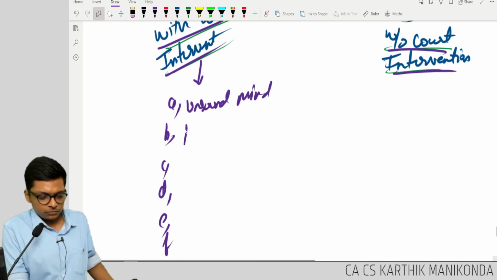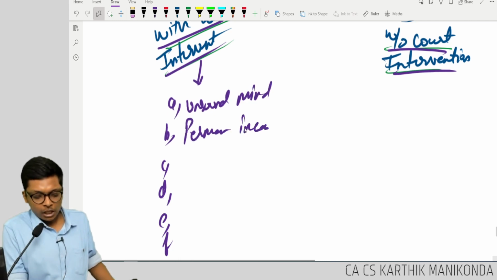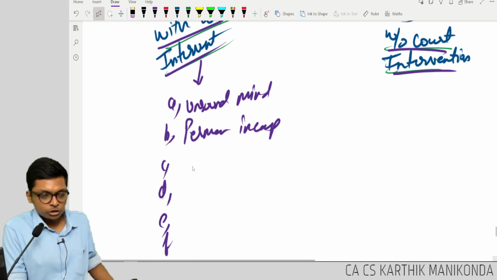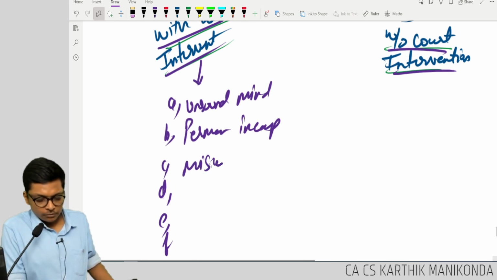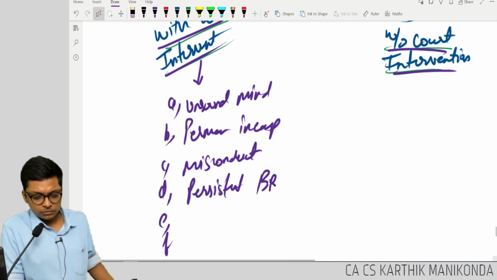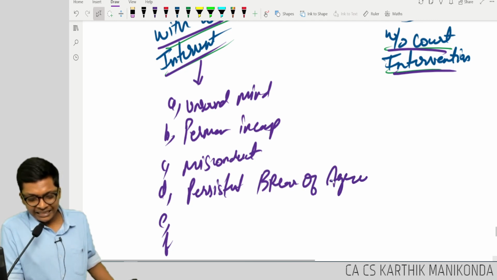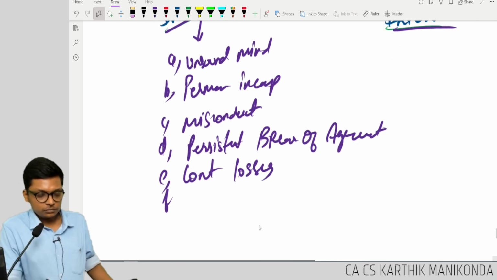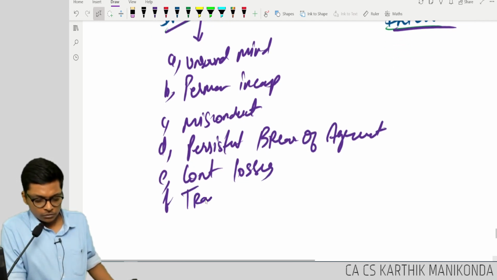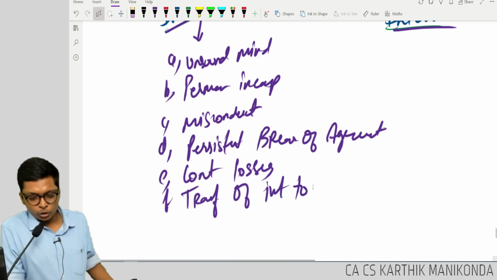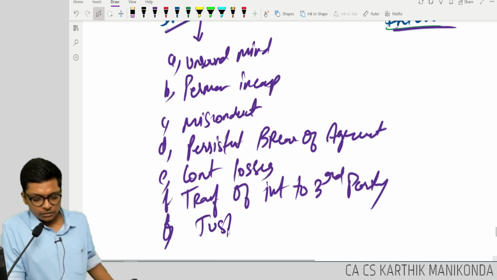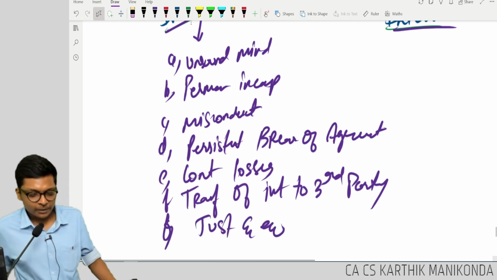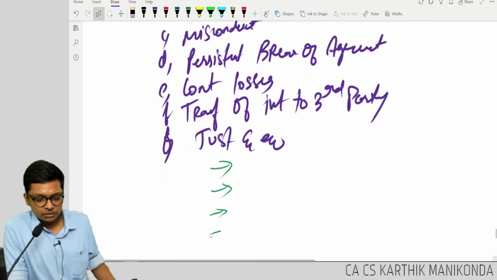Unsound mind, permanent incapacity, then misconduct, persistent breach of agreement, then continuous losses, then transfer of interest to third party, then just and equitable. Under just and equitable, we have few subpoints.